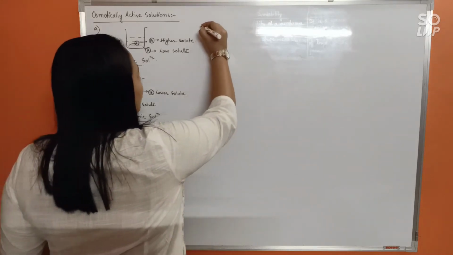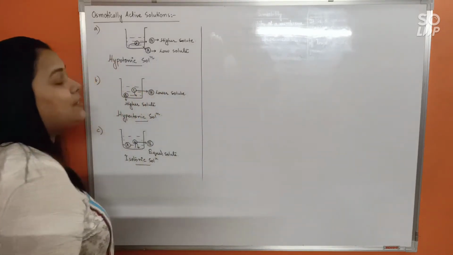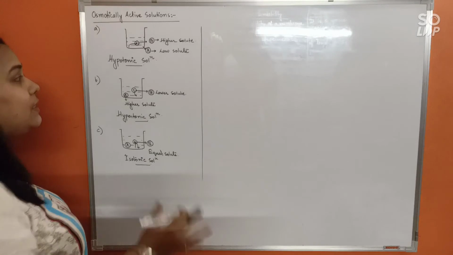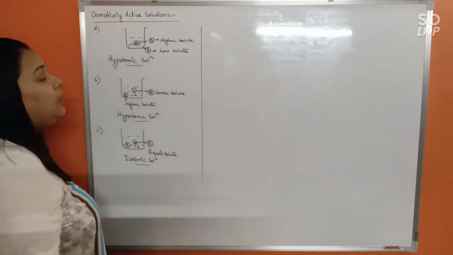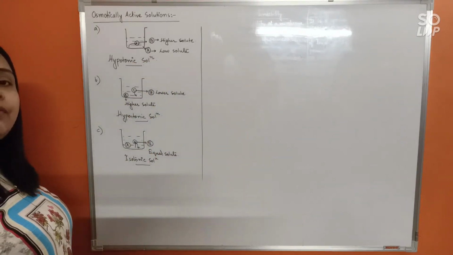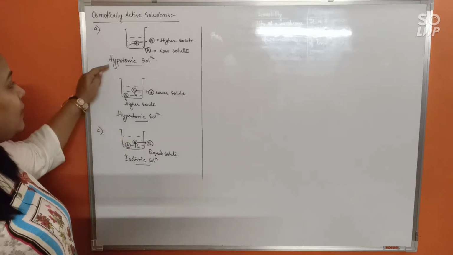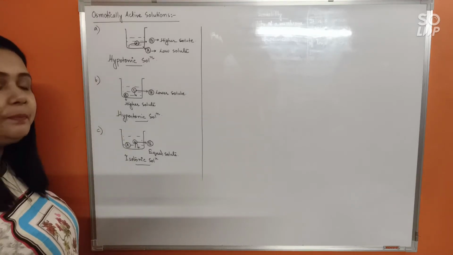Now in the same situation, if I introduce a plant cell instead, okay, same apparatus, but instead of an animal cell, if I introduce a plant cell in these solutions, what would happen?